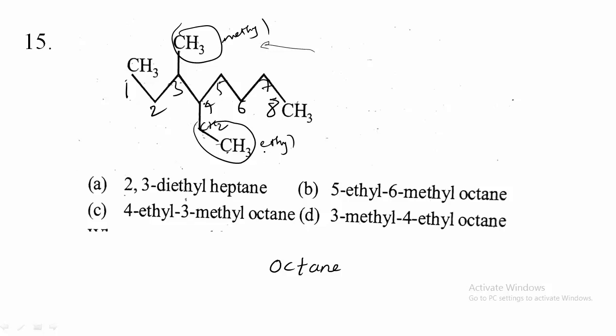Ethyl, because alphabetically E comes first, M comes later. At what position? Fourth position. Only one ethyl, so 4-ethyl. And then 3-methyl. So 4-ethyl-3-methyloctane, that is the correct answer. So option C is the right one.